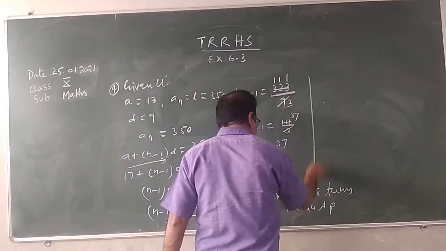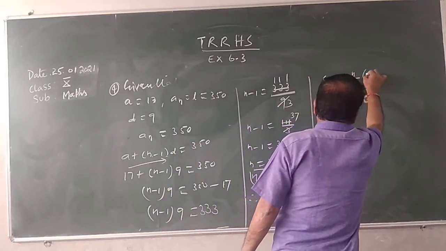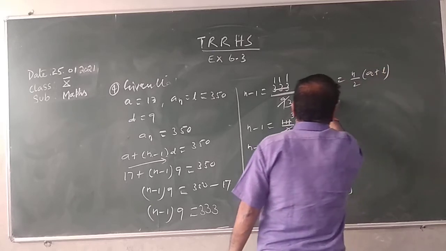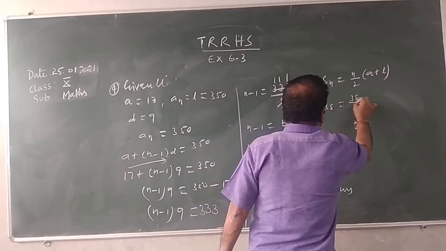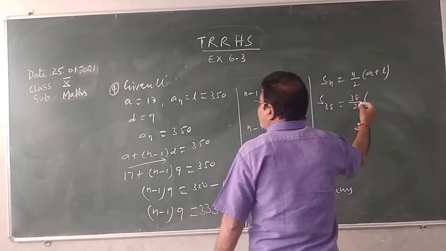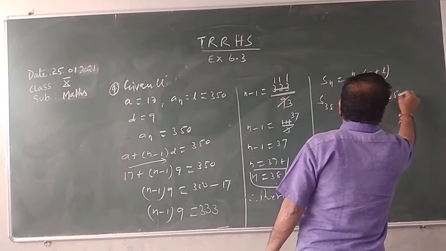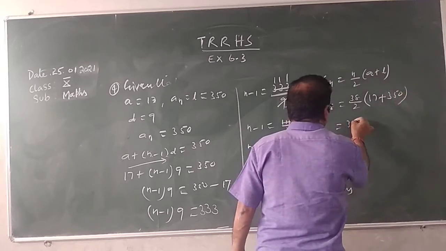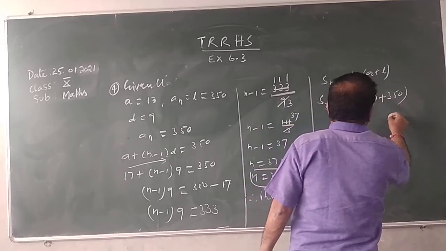The formula is S_n equal to n by 2 into (A plus L). How many terms are there? n is equal to 38. So S_38 equal to 38 by 2 into (A plus L). A is 17 and L is 350. So 38 by 2 into (350 plus 17).